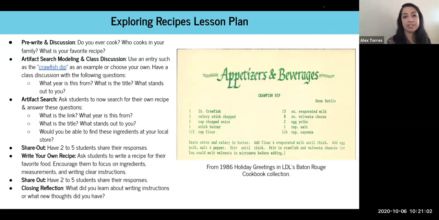So this is also a way to introduce fractions, and we could even use this in a math class to do conversions, pounds to ounces. So it's also a way to introduce other lessons.